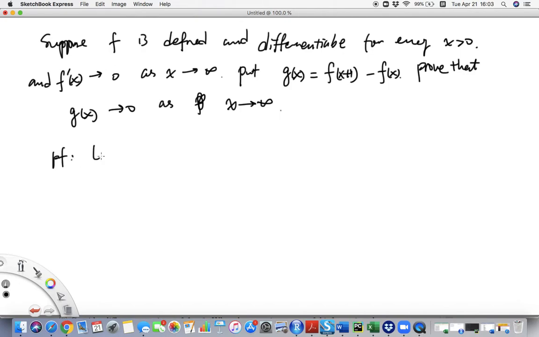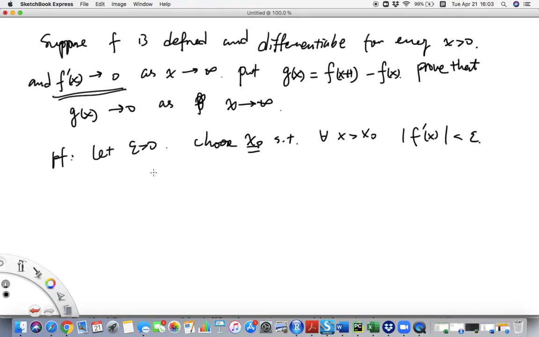Proof. Let epsilon be greater than 0. We can choose x0 such that for all x greater than x0, the absolute value of f prime of x is less than epsilon. Such x0 exists because of that.